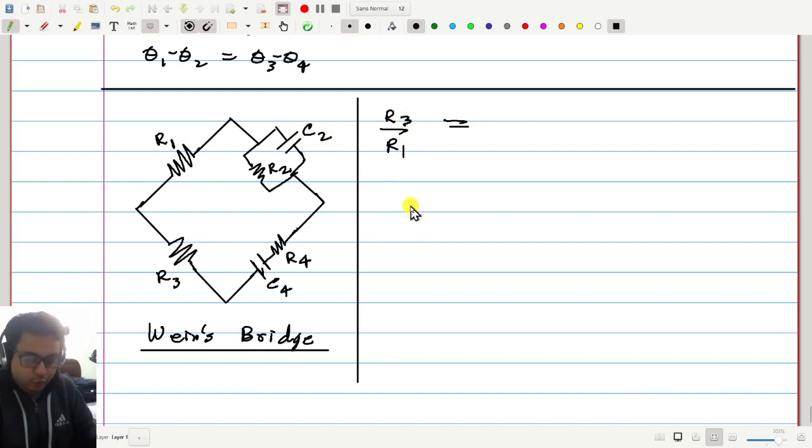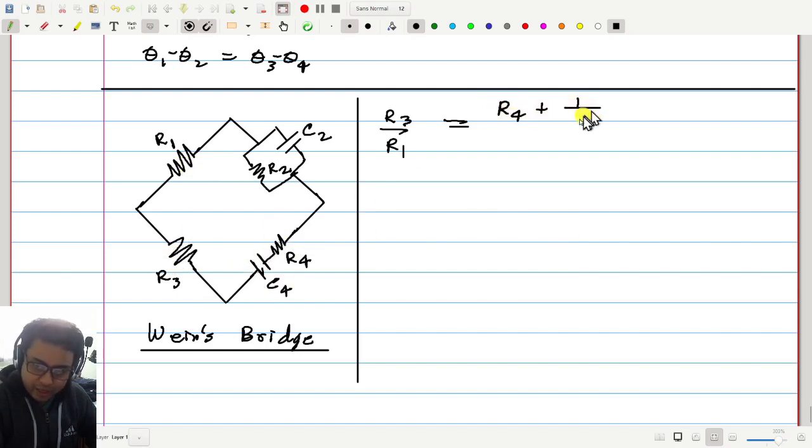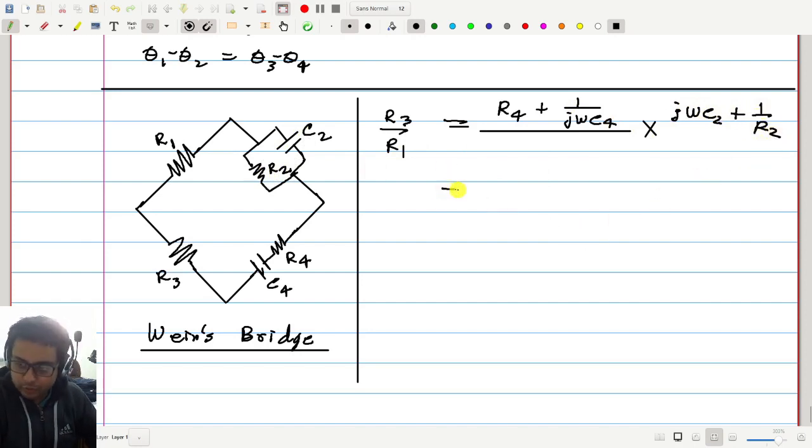I am trying to see which way the problem will be easier. Then this is R4 plus 1 by j omega C4 whole divided by this impedance. So let me rather multiply with this admittance, that is j omega C2 plus 1 by R2.